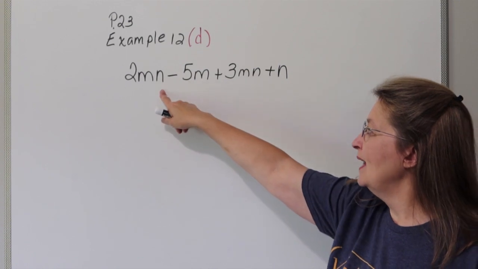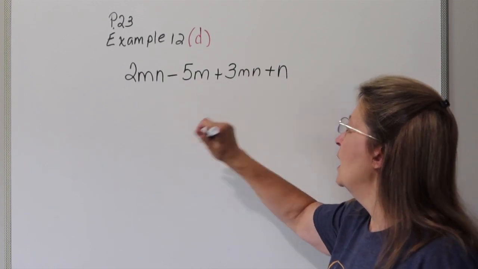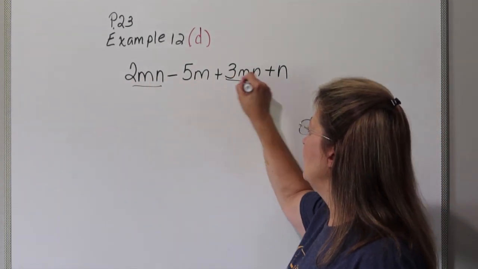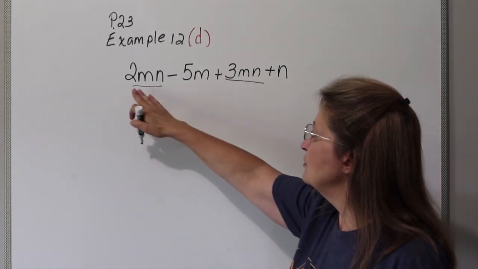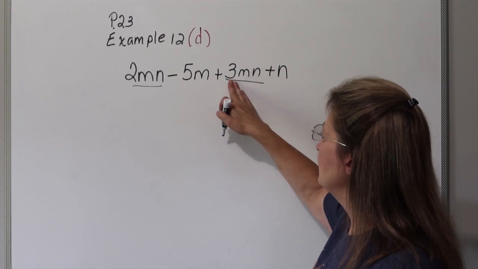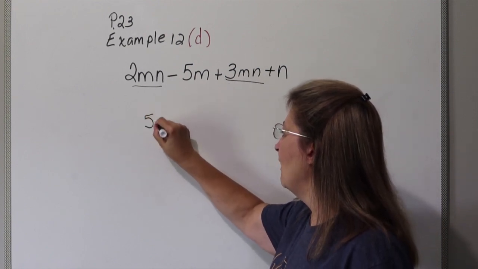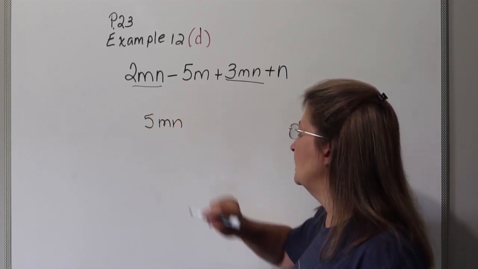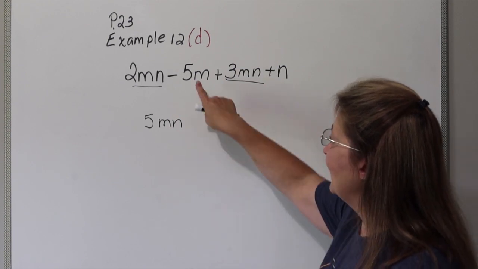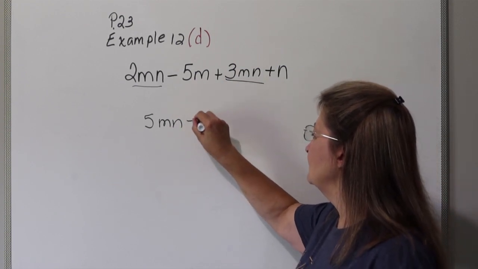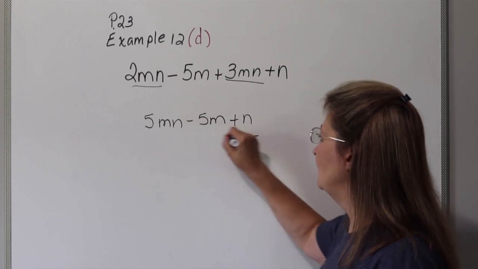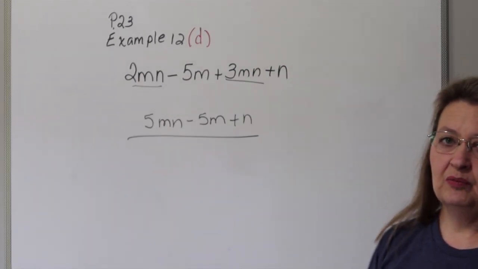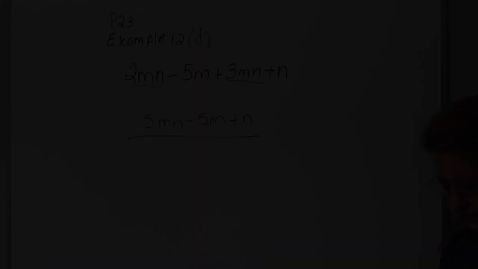So I can't combine it with either of these, but I can come down here and combine it with the 3mn. So 2mn plus 3mn gives me 5mn. Now the rest of it, I can't combine anything with this, so I'm just going to leave it like it is, and I can't combine anything with the n. So that's going to be your simplified answer right there.